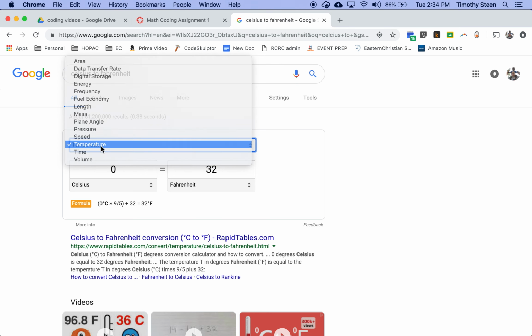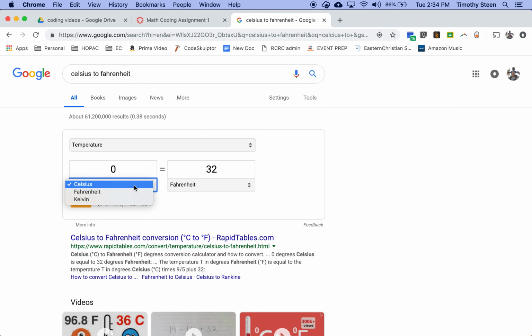And number two, they have a whole bunch of options like Celsius, Fahrenheit, or Kelvin, and what we want to convert it to. And this is the best part, they give us the formula. And this is what we need in order to do our work. I mean, sure, we can put in 30 over here and it tells us what it is over there. But we're trying to do that ourselves. So we want to know, how did you get to that number? What was the formula that you used?